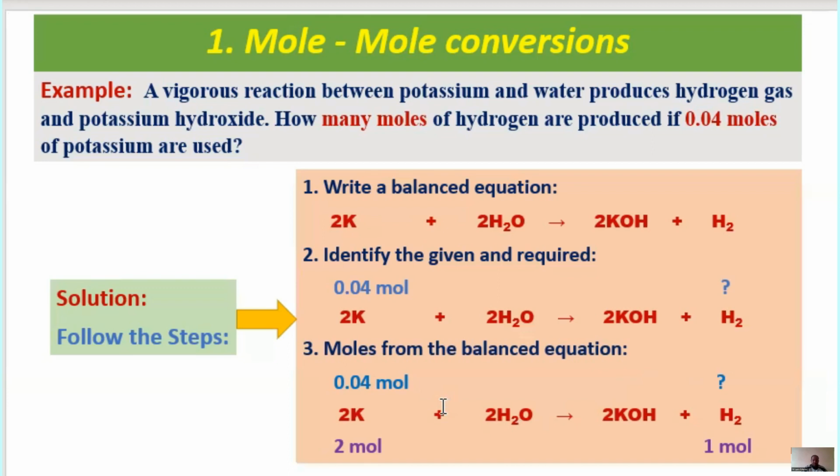The number of moles is represented by the coefficient number. The coefficient of potassium is 2. Therefore, from the balanced chemical equation, the number of moles of potassium is 2 mole. And hydrogen has a coefficient of 1, which means 1 mole of hydrogen will be produced from 2 mole of potassium.